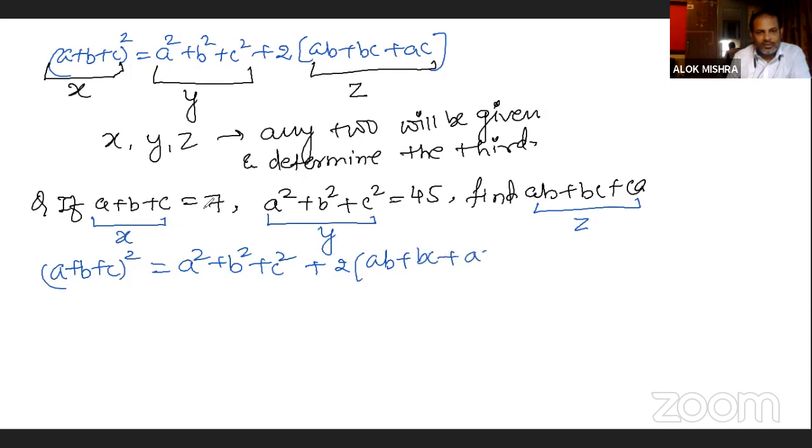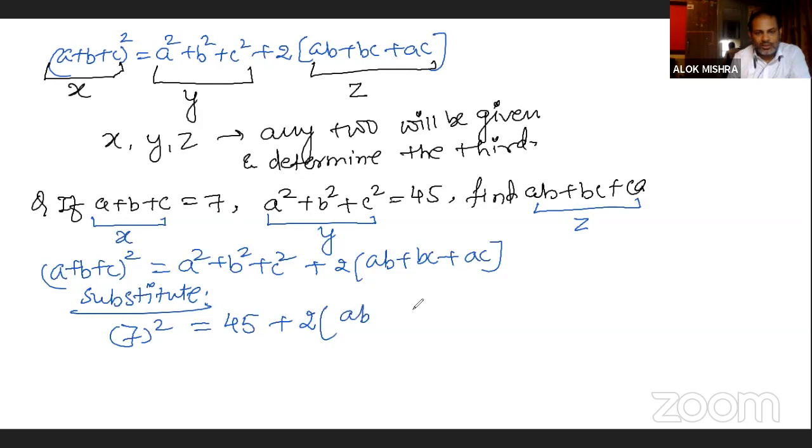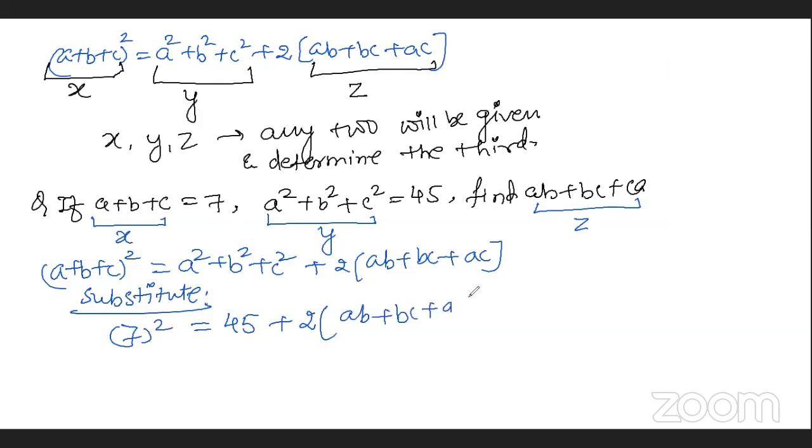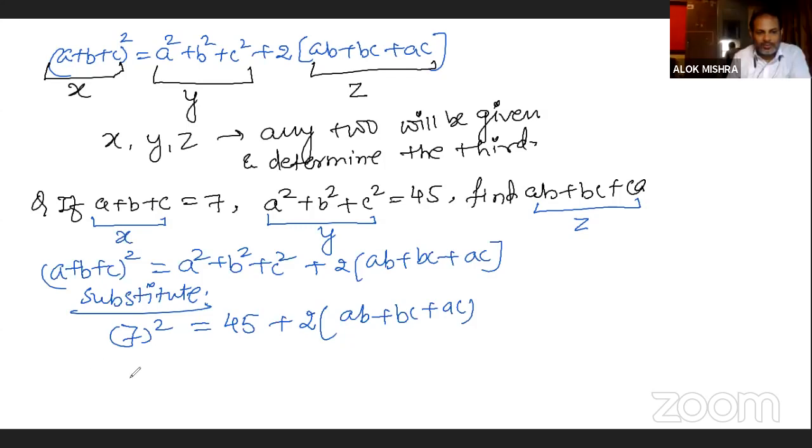Now I substitute: a plus b plus c is 7, so 7 square is equal to a square plus b square plus c square, and the value given to us is 45, plus 2 times the value which is being asked, ab plus bc plus ac. Now the rest is the normal simplification part.